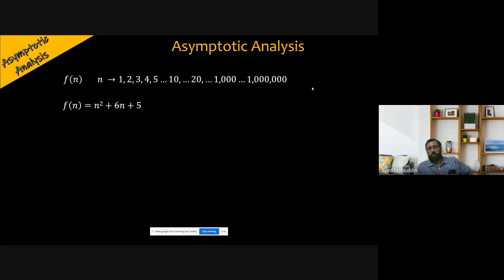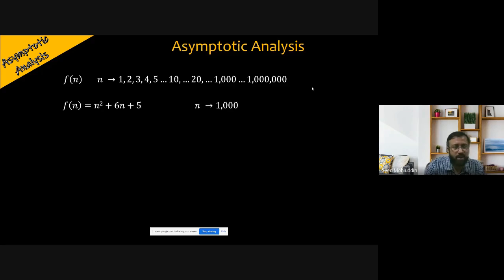So when we say we are not bothered about small values of n, it means that when you apply the search algorithm to Facebook or Twitter to search for a user, n is not 10 or 20. It is millions of users, among whom you are trying to search a single user. So we are bothered about the large values of n.